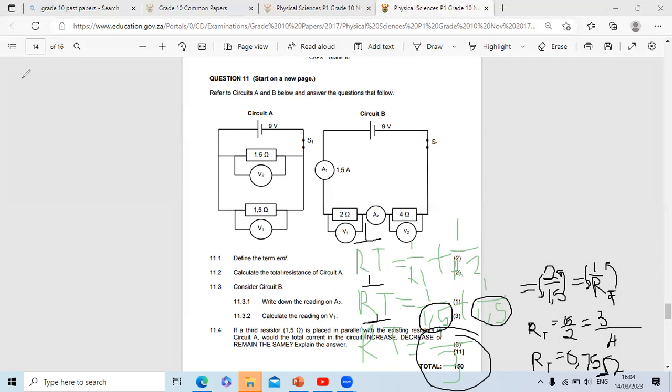So we're going to leave it here as 0.75 ohms.